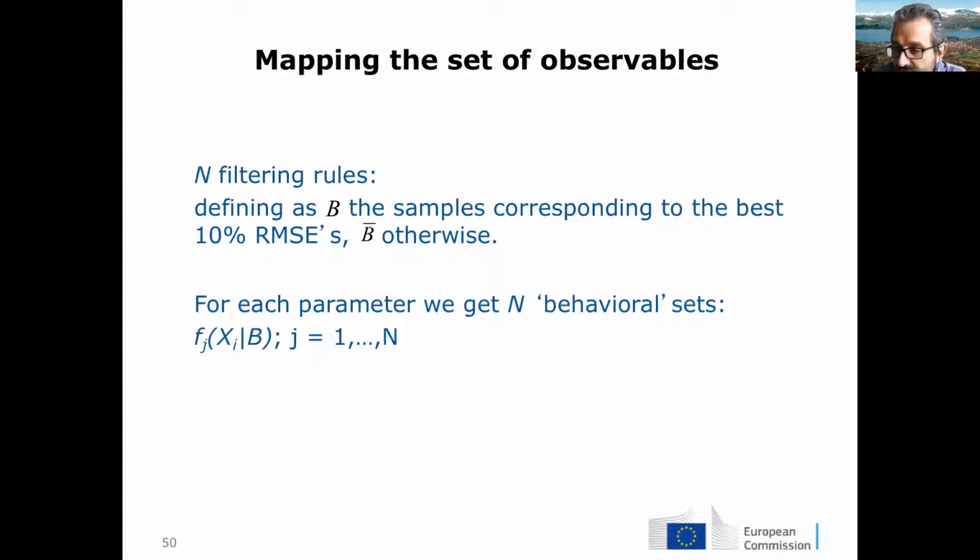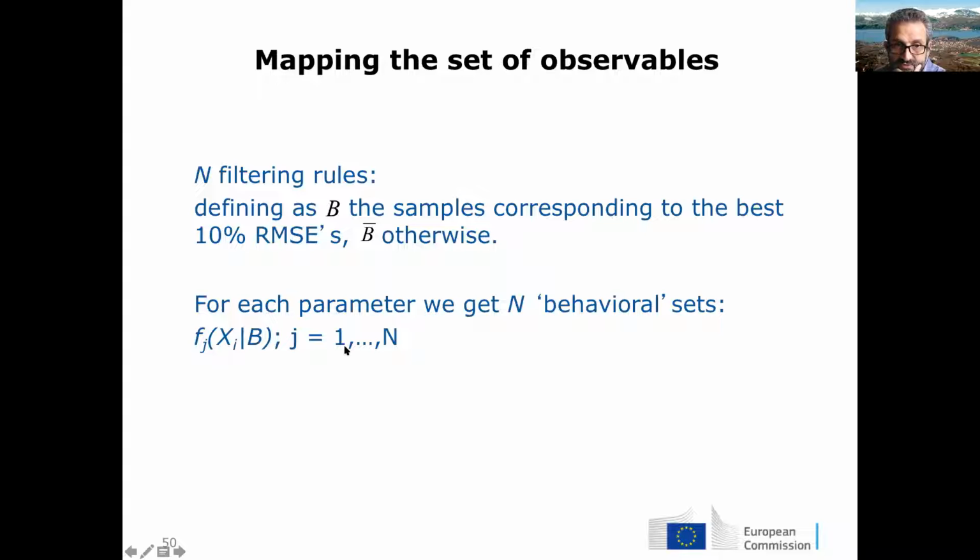Which also means that since there are n observables, you have n different filtering rules. So for each observable, you define the behavior as the best 10%, so the smallest 10% root mean square errors out of the entire Monte Carlo sample, and no behavior otherwise. Which means that for each parameter, we have n different behavioral sets.